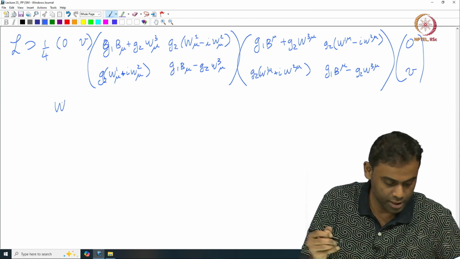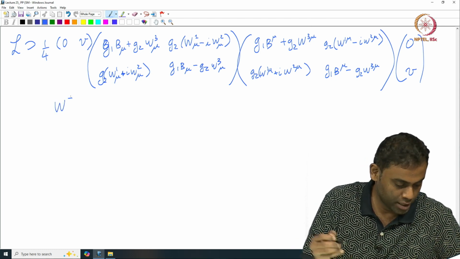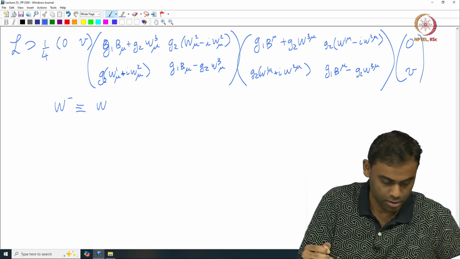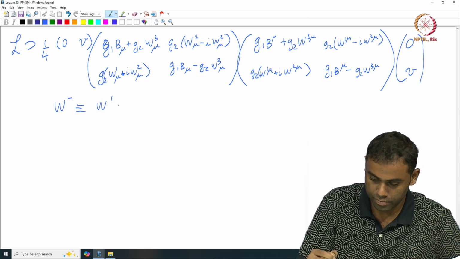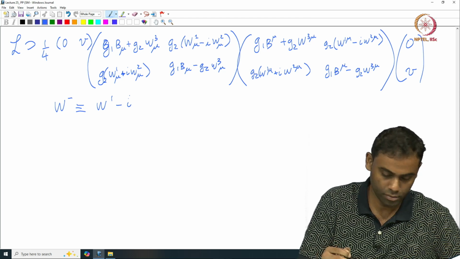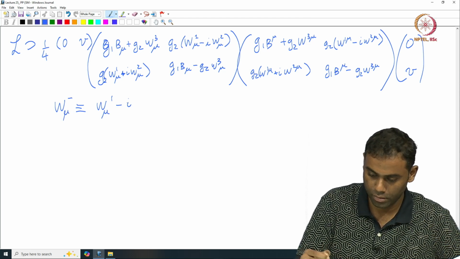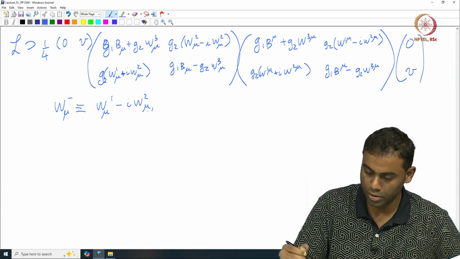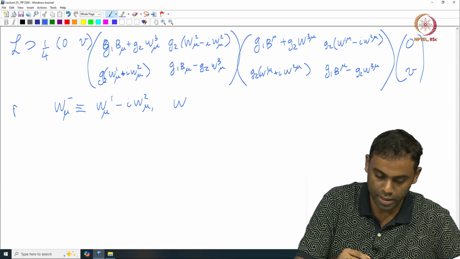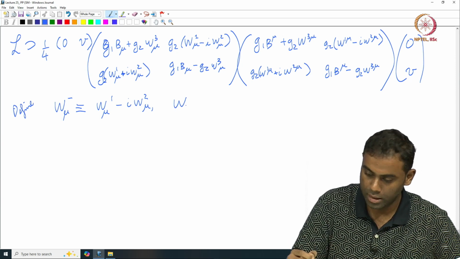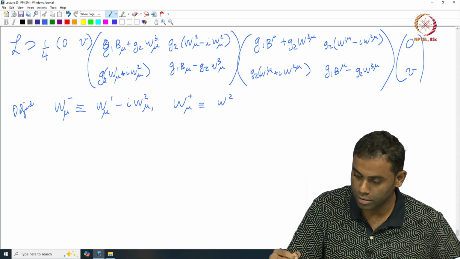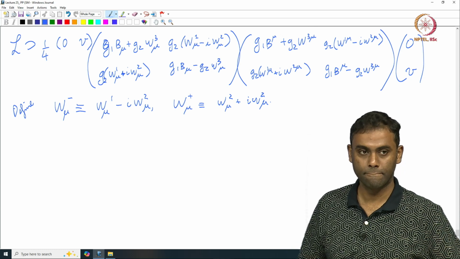I am going to define W minus as this combination of the complex fields, plus I2, and I am going to define W plus as the orthogonal combination.